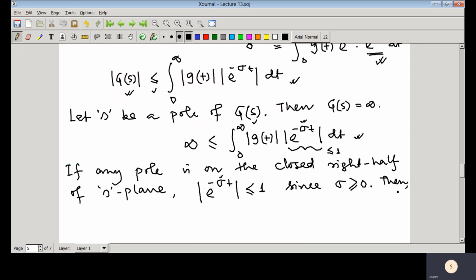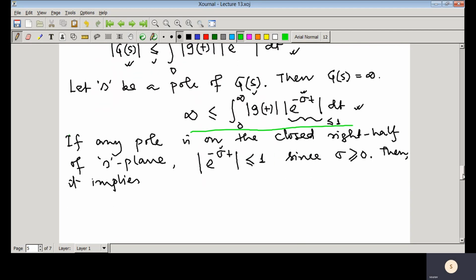Then it implies that the left hand side, infinity, is less than the integral from 0 to infinity of g(tau) d tau.